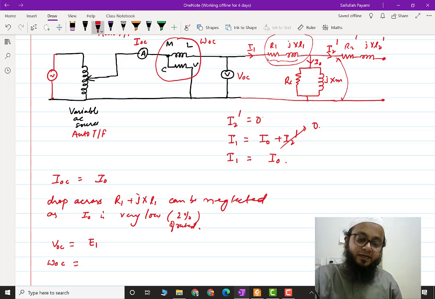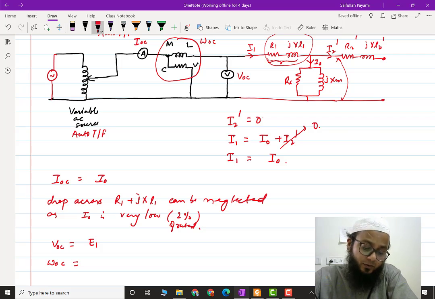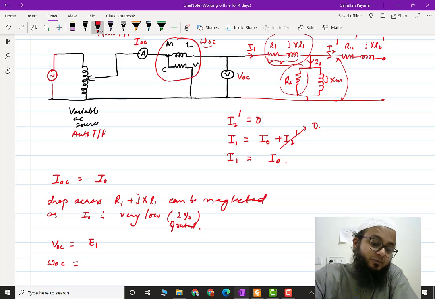Because we have neglected the drop in the primary side series branch parameters, as this no load current is very low. And WOC, the wattmeter reading, is reading the losses in the shunt branch parameters, that is in RC.